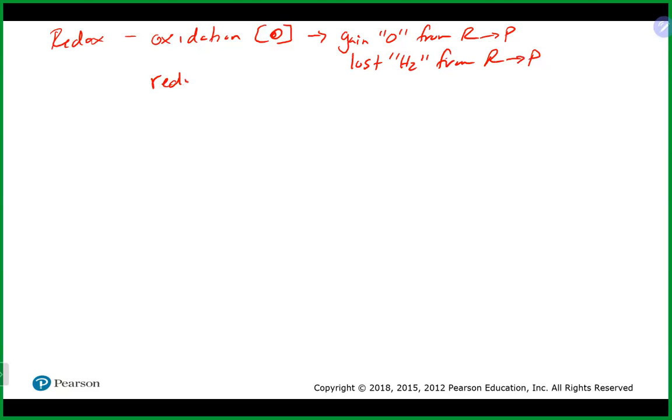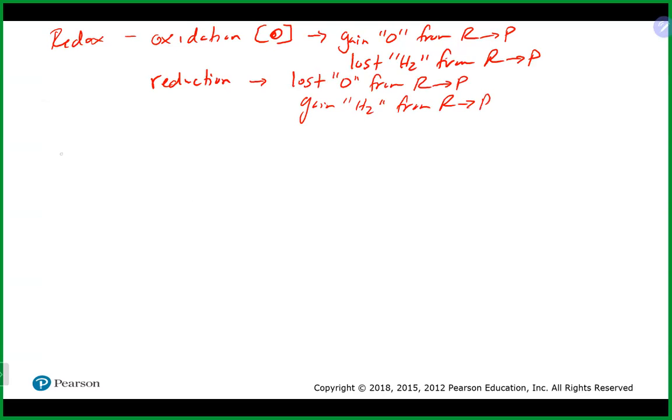Reduction, as we talked about in an earlier chapter, and oxidation always occur at the same time. Reduction means gaining electrons, but also means that you lost oxygen as you go from the reactant side to the product side, or you gained hydrogen as you went from reactants to products.